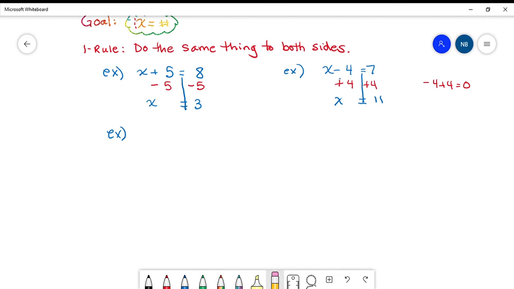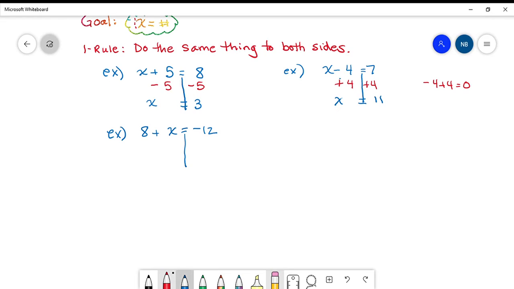Okay, so our next example is, let's see, 8 plus x equals negative 12. Now I'm going to draw a line again at the equal sign. Remember, I have to do the same thing to both sides.